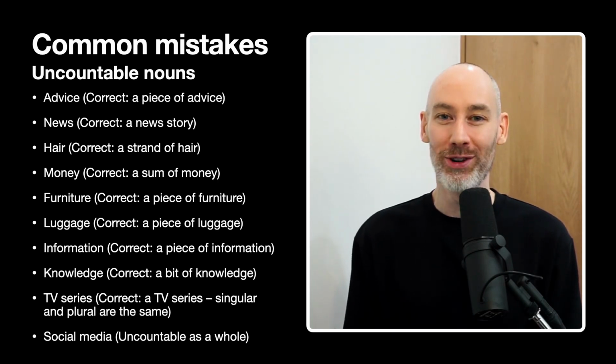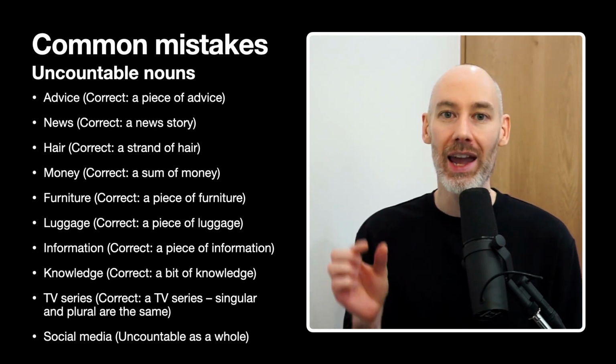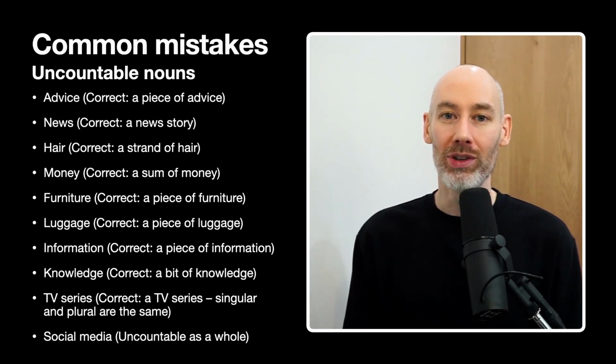It's just way too difficult to pronounce, so you can just keep it in the singular, even if you're talking about more than one. And then social media as well, we just always use it as social media. I'm a member of several different social media communities, or I like using social media. I hate using social media. It's always going to stay as social media. We'll never pluralize it with an S.